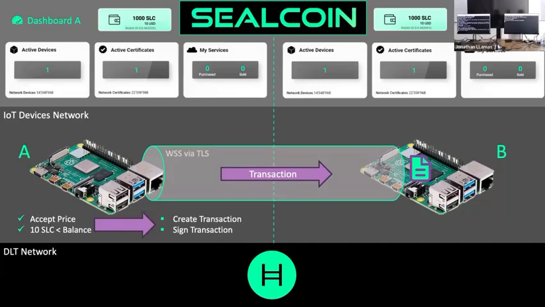The other critical element is that the price, 10 SEALCOIN, is lower than my balance, so I can afford it. If those two elements are validated, device A will create and sign a transaction. So here I know that there are enough tokens to create the transaction, so I will request data.